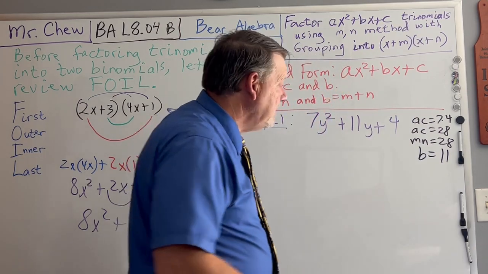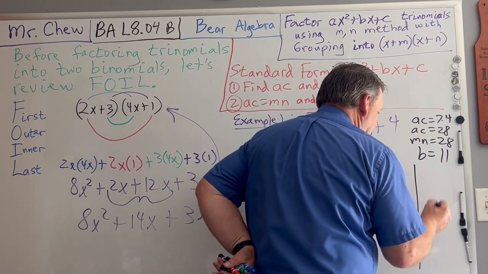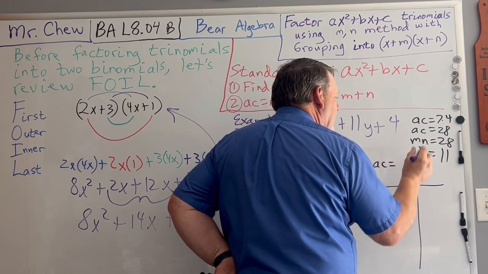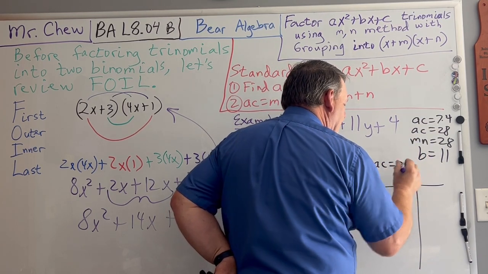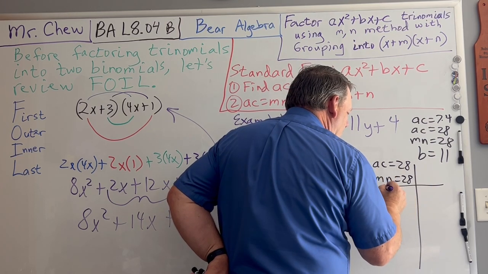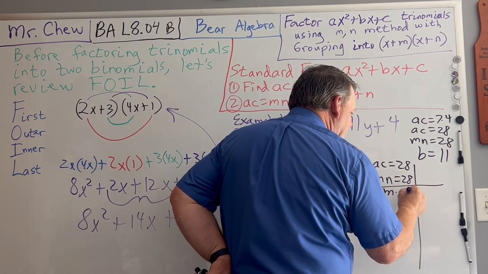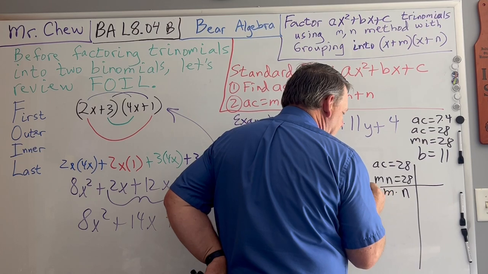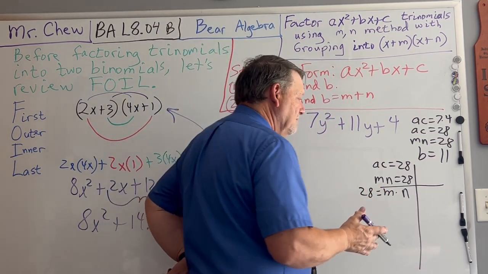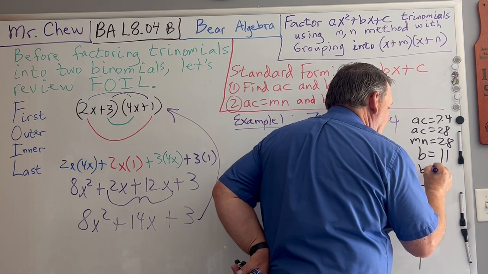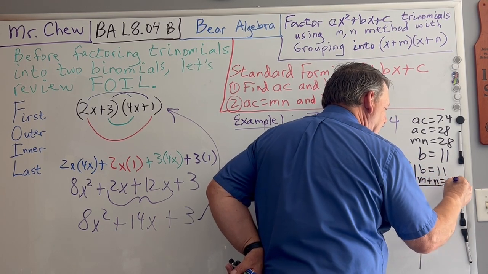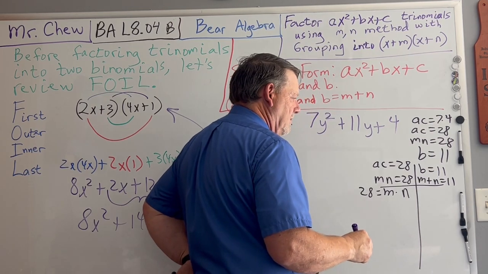Now here's my table. I know that AC is equal to 28, and that has to be my MN, so I write an M times an N, and it has to equal 28. Over here, I know my B is 11, and M plus N has to equal 11.